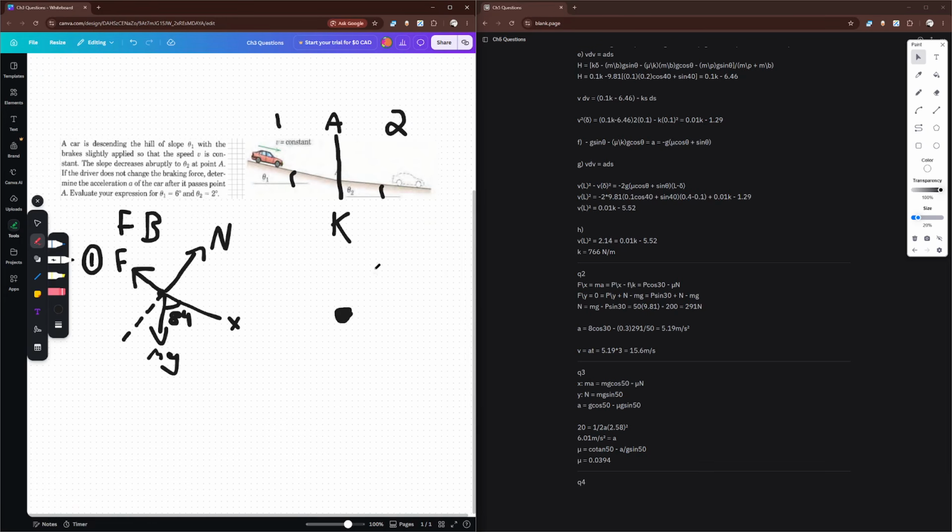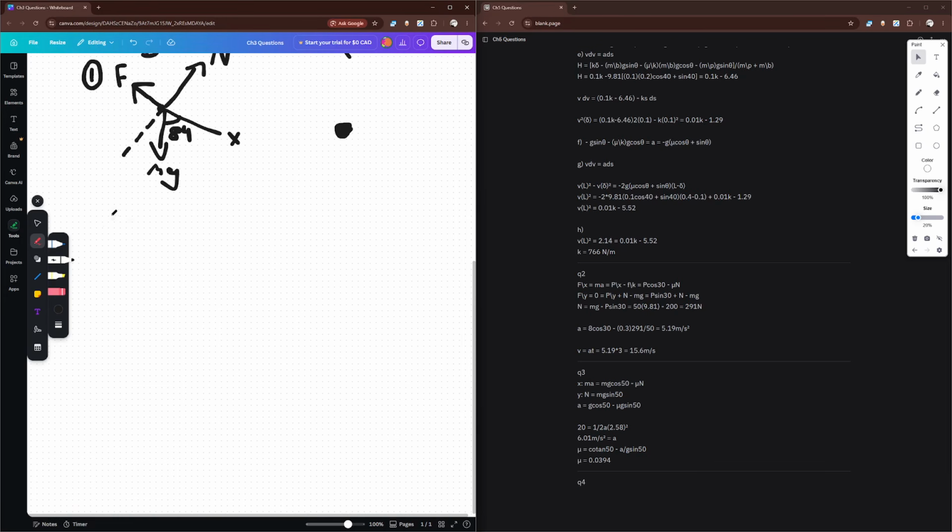If you want, you draw your axes, but I don't want to. Now for part 2. Same thing. We're going to continue to have F, the braking force. We're going to continue to have N, the normal force, and we're going to continue to have mg. And these are here to signify axes. The angle changes to 88, and that's all.